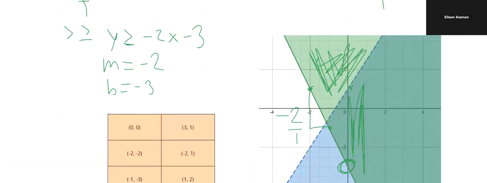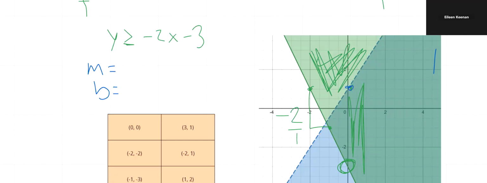Okay, now let's take a look at our blue one. Let me erase this stuff here so we have some room to work. All right, so the blue line. My y-intercept is right here at 1. My b is a positive 1. And now 2 points on my line.